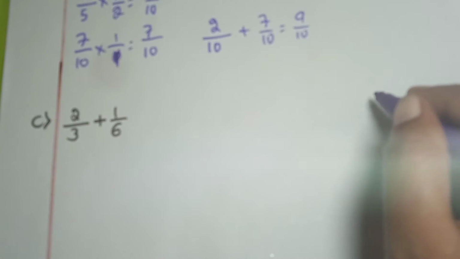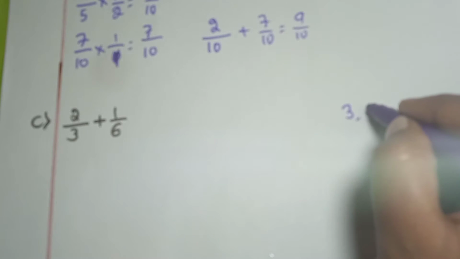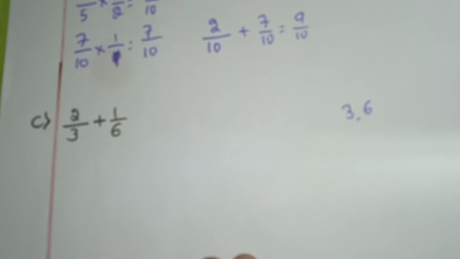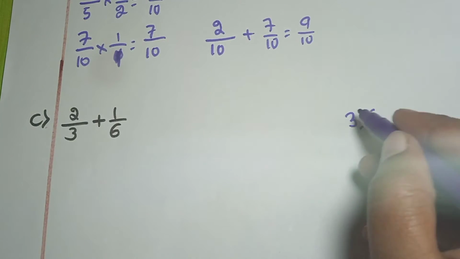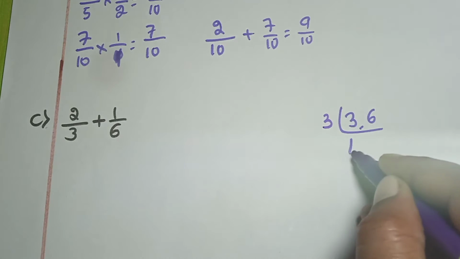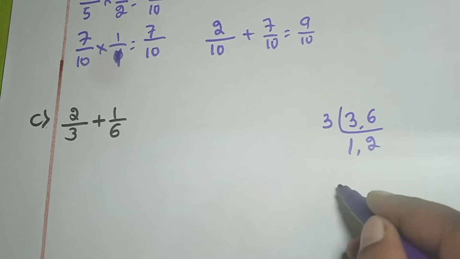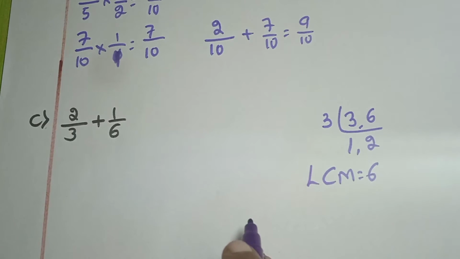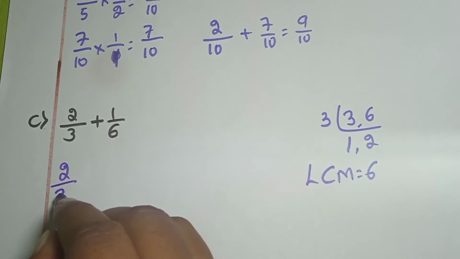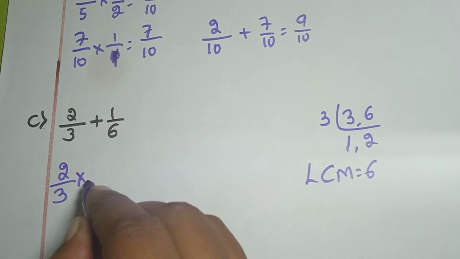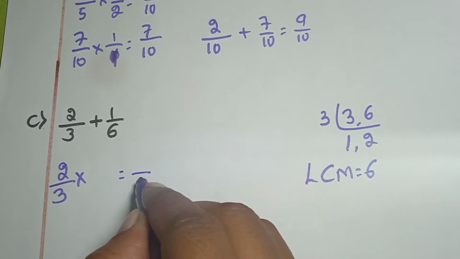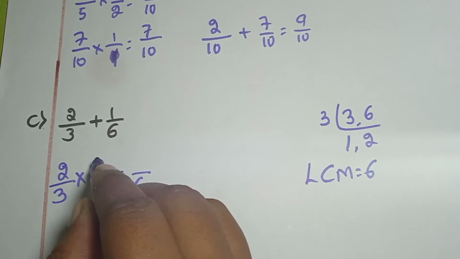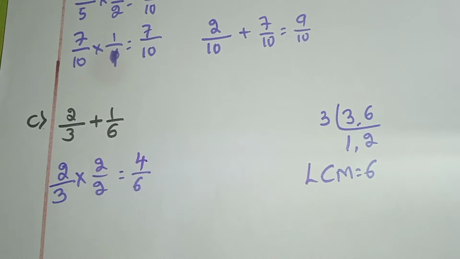Yes, do this problem children: 2 by 3 plus 1 by 6. Very easy problem. 3 and 6 are the denominators. Take the LCM for 3 and 6. That is 6 only. 3 ones are 3, 3 twos are 6. LCM is equal to 6. The same procedure: 2 by 3, we multiply with 2. 3 twos are 6, 2 twos are 4.